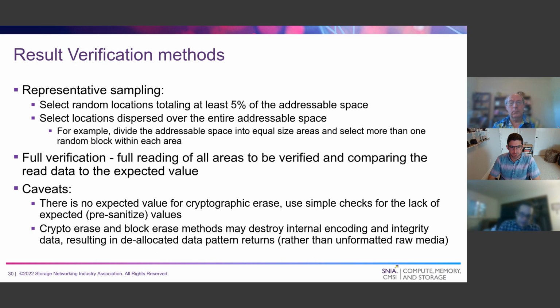So some caveats in that, you may not be looking for the results of cryptographic erase, or the results of block erase, because they might be unpredictable. You might be looking at deallocation data, which is at least enough to tell you that the original data is no longer available through the interface. So I think that's pretty much it for verification.